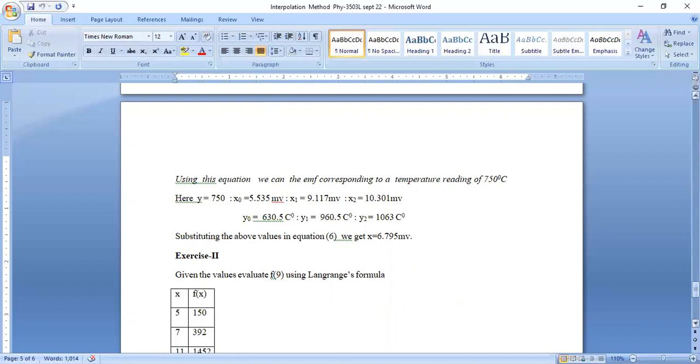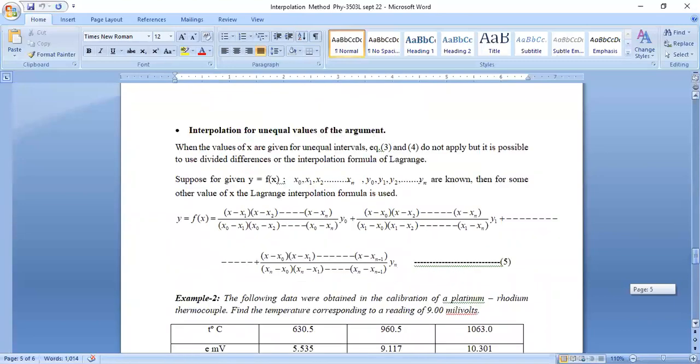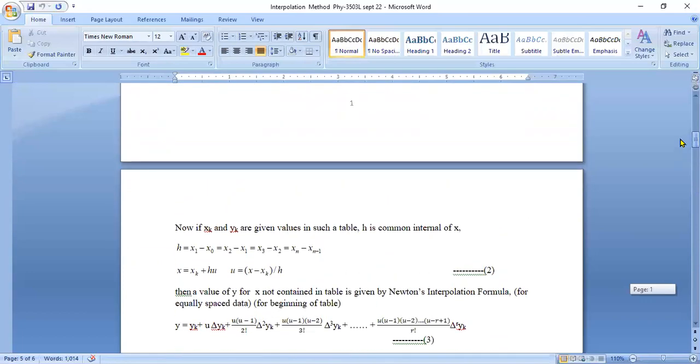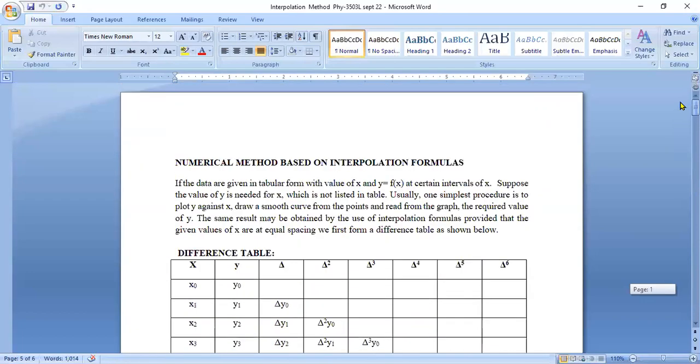When you download the assignment, you will get a complete note of the interpolation method, to refer to the topic of Newton interpolation as well as Lagrange interpolation methods, and both the problems, exercise number 1 and exercise number 2, that you have to include in your journal. So I hope you will do this exercise.